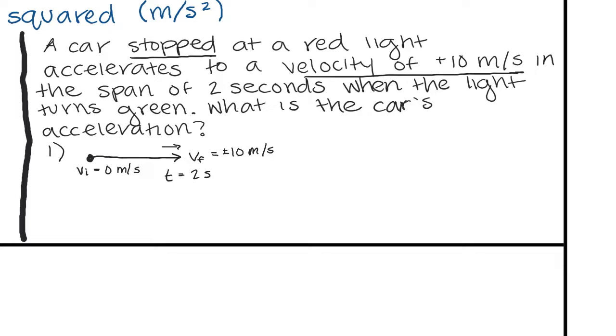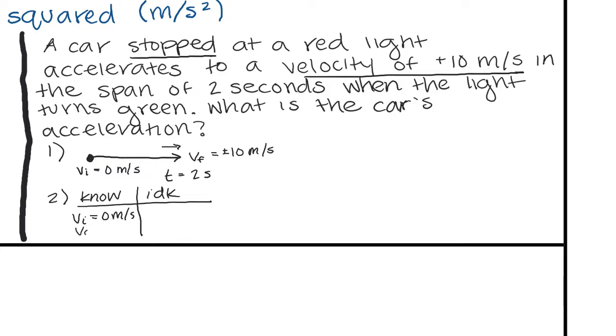All right. So really quickly, let's make a table of what we know and what we don't know. I'm just going to write IDK for short. All right, so we know if it stopped at first, our initial velocity, so VI is equal to 0 meters per second. We also know that it accelerates to a final velocity of 10 meters per second.